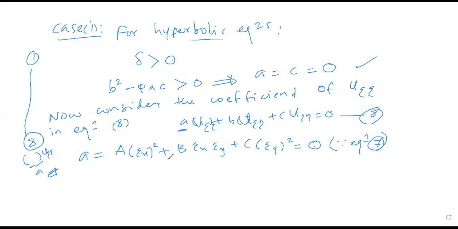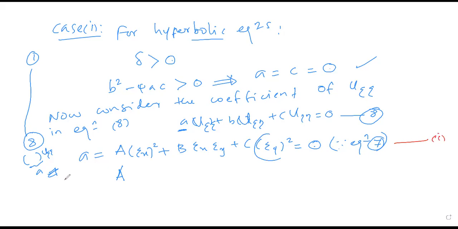Then let's divide this entire equation by zeta y square. I'll use another color. Let's call this equation small 1.